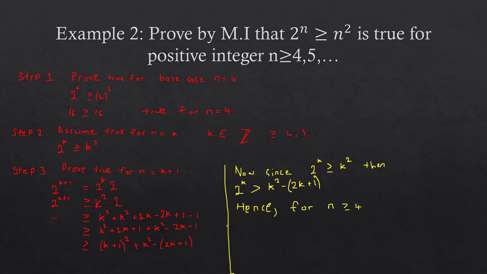So now we have for n greater than or equal to 4, we have 2^(k+1) is greater than or equal to k plus 1 squared.